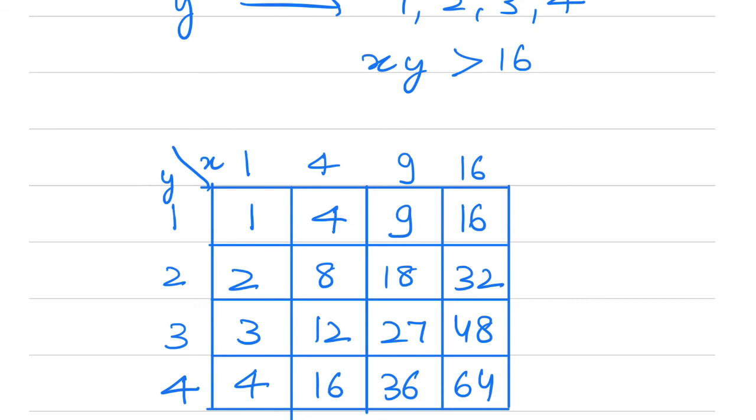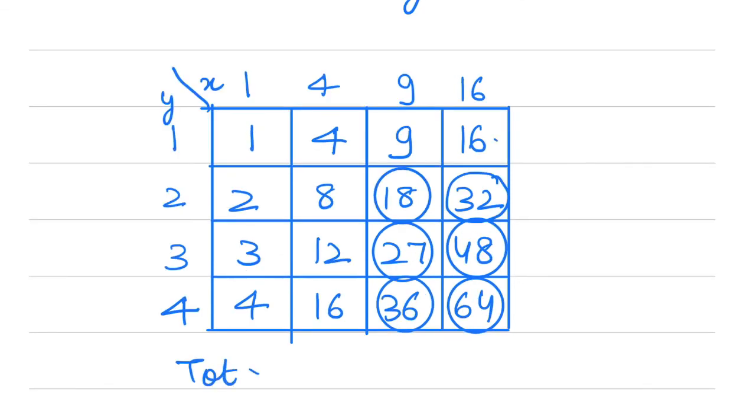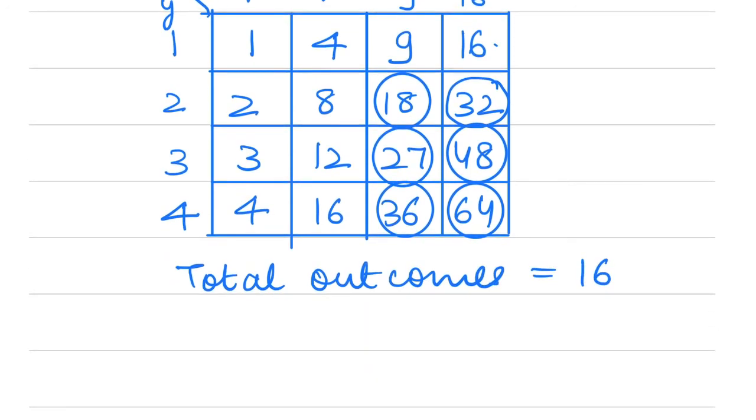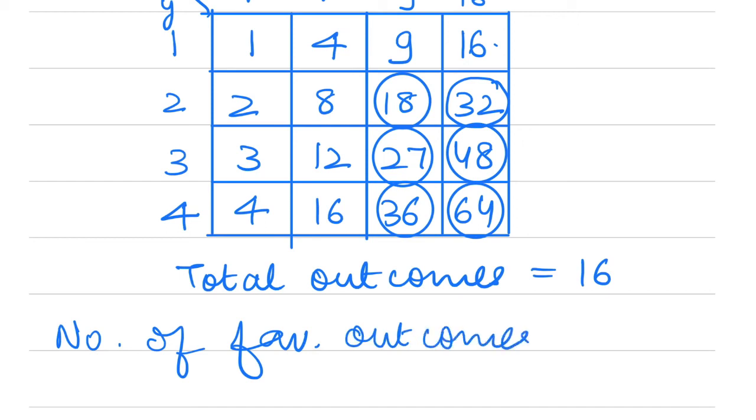Now the product has to be greater than 16. It would be this number, then this number, this number we have, then 27, 36 and 64. Total outcomes are 16, and the number of favorable outcomes we can count, it's 6.